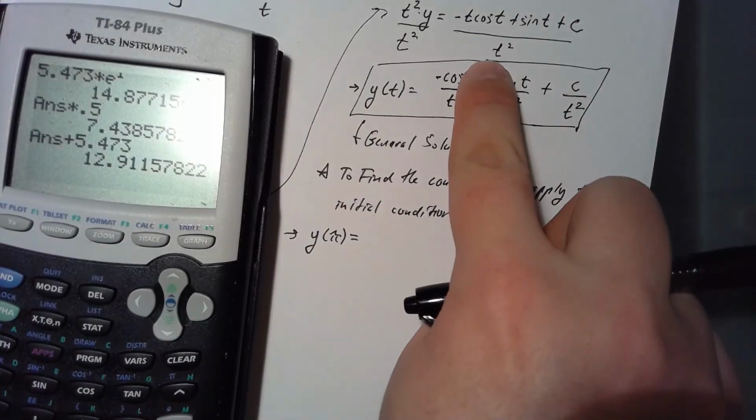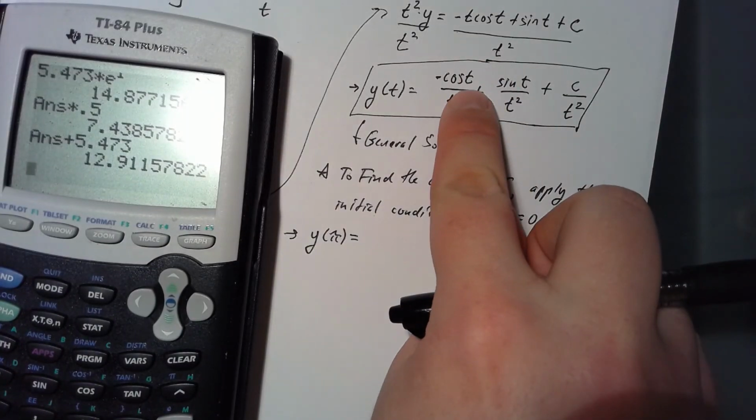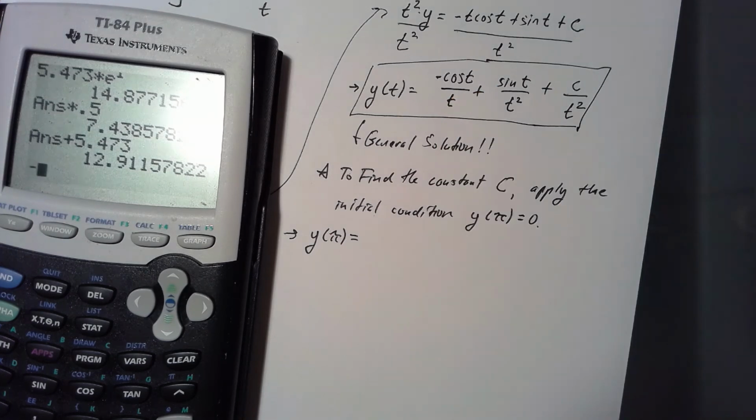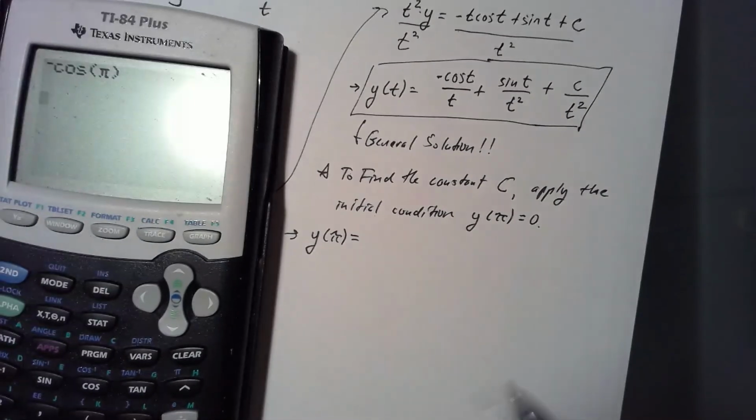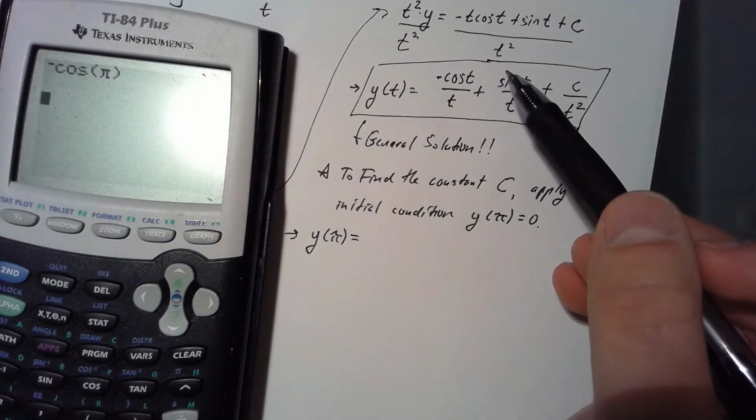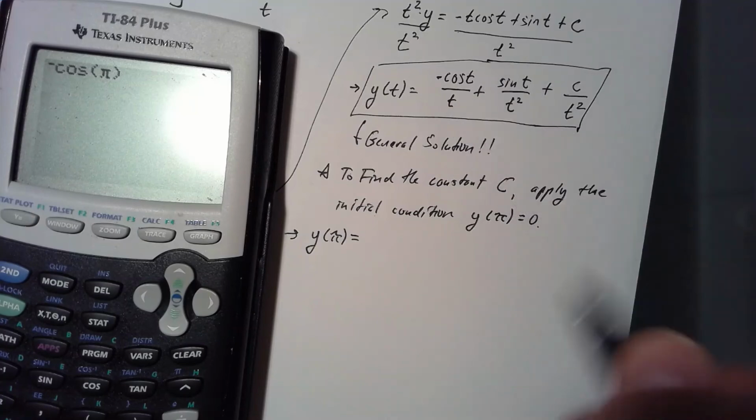So negative cosine of pi is, there's a glare, but it's 1. So I'm going to have 1 over pi, right?